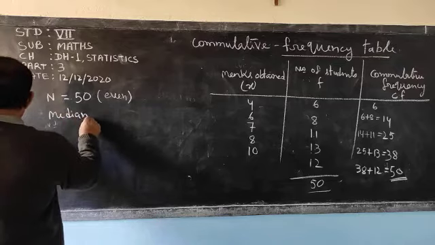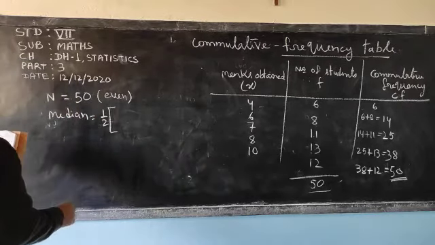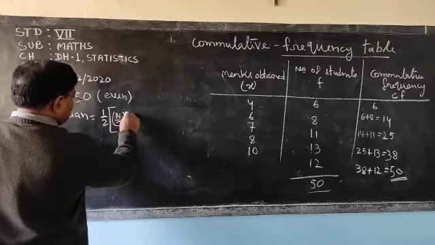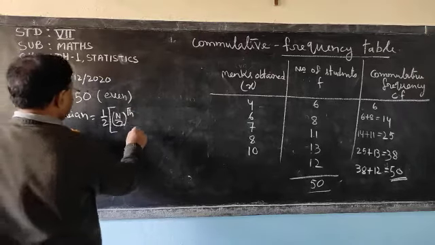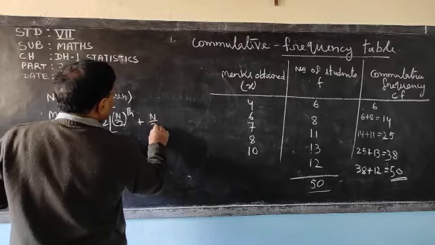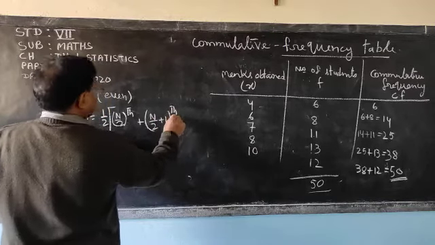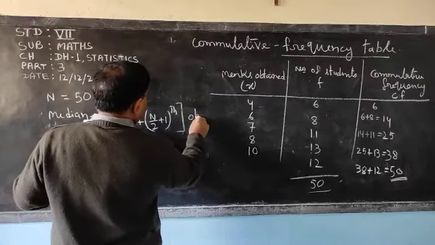Median is equal to 1 by 2 into the n by 2th term plus the n by 2 plus 1th term observation. Very clear.